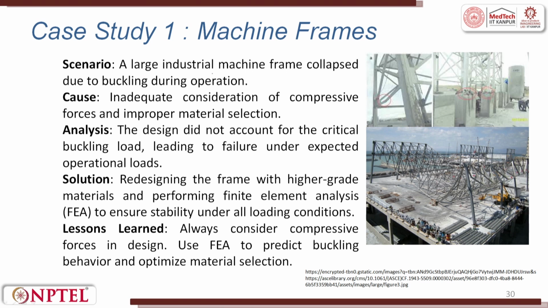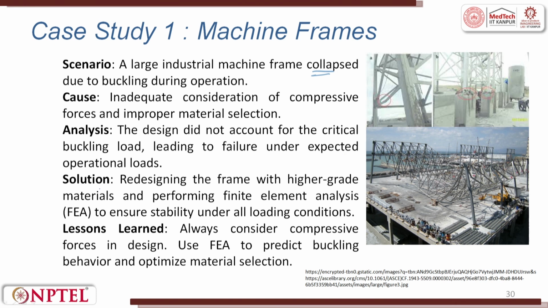A large industrial machine frame collapses due to buckling during operation. The cause: inadequate consideration of compressive forces and improper material selection led to the collapse of the frame. Analysis: the design did not account for the critical buckling load, leading to failure under expected operational loads.